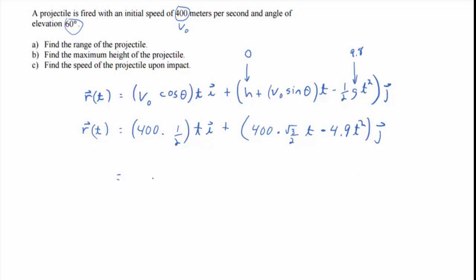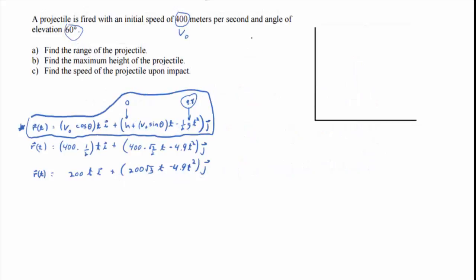And just cleaning it up, I guess we get 200 t i plus quantity 200 radical 3 t minus 4.9 t squared j. The projectile might look like that, right? The path of the projectile, that is.